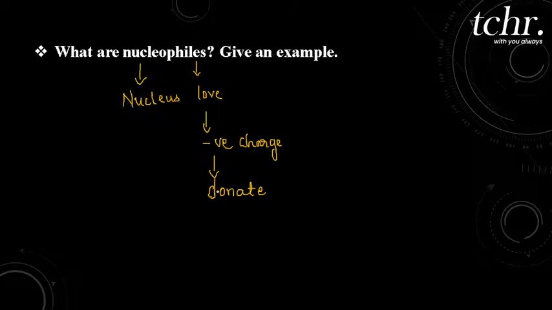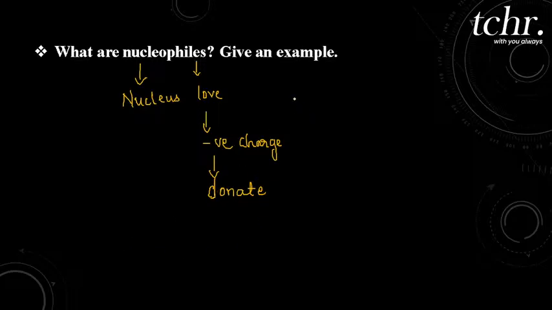So, how can I put this in a proper sentence? I can say that those electron rich species which are attracted towards an electron deficient center, or the electron rich species which is able to donate electrons to an electron deficient species, are called nucleophiles.